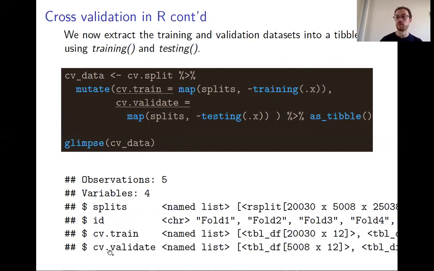And validate means we just try to predict the outcomes from the validation data set, and then we use a measure to measure how well this model performs in terms of prediction accuracy.